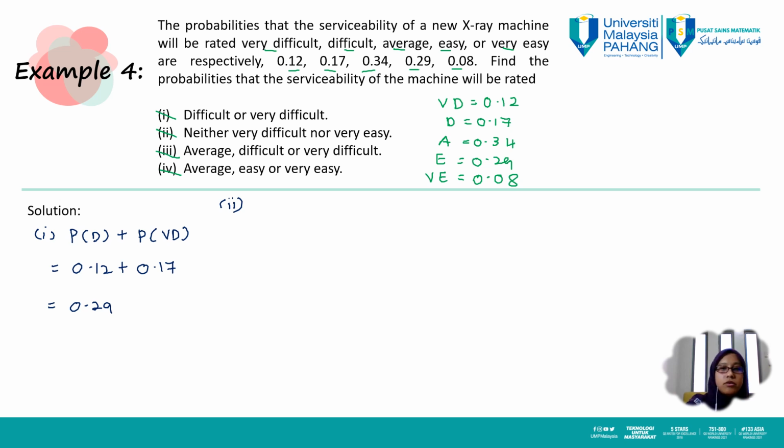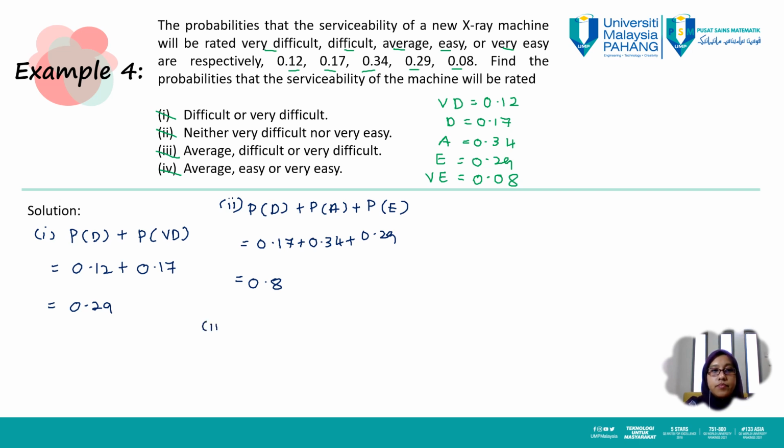That means we are not going to calculate very difficult and very easy. So we are going to find probability for difficult plus probability for average plus probability for easy. So we will have 0.17 plus 0.34 plus 0.29 is equal to 0.8.